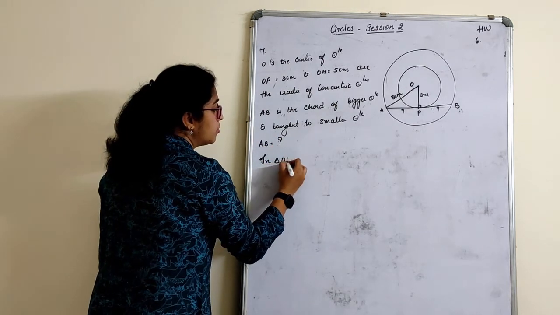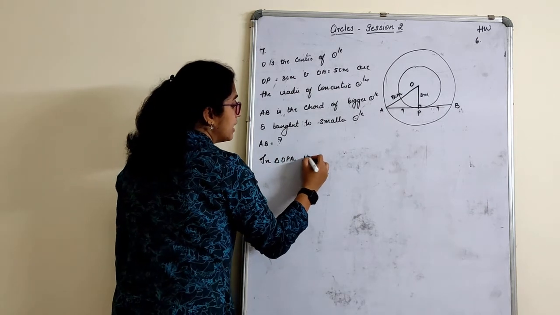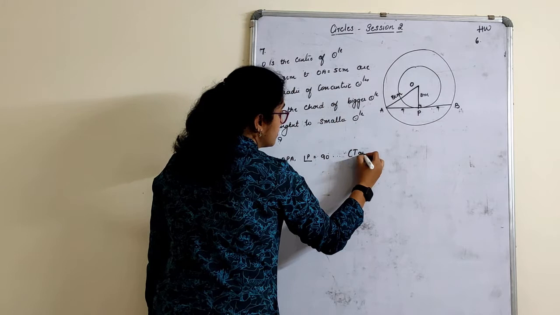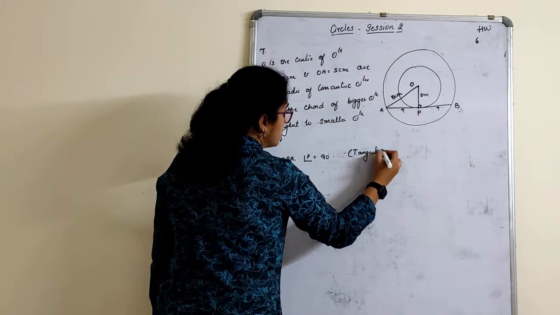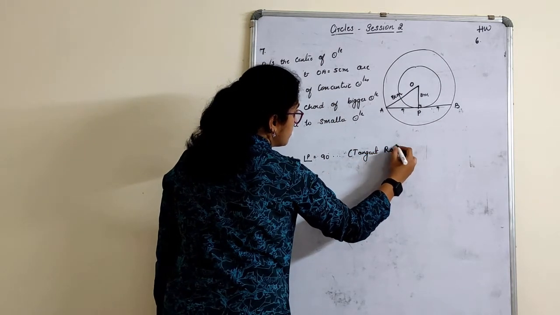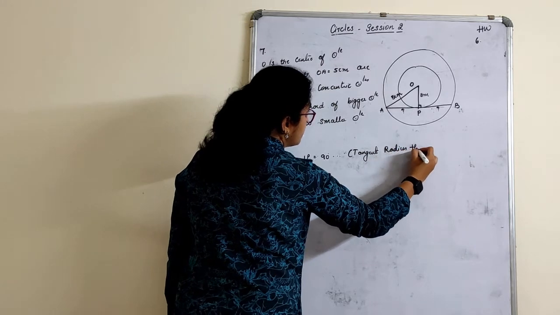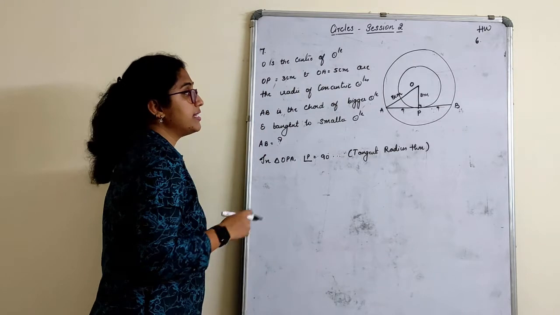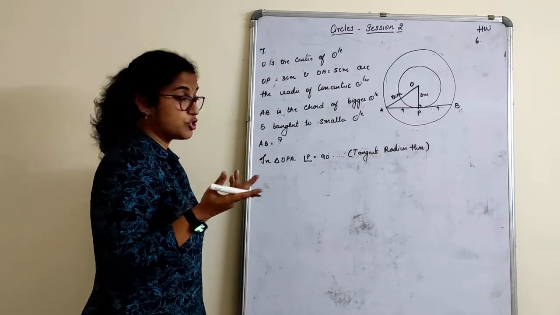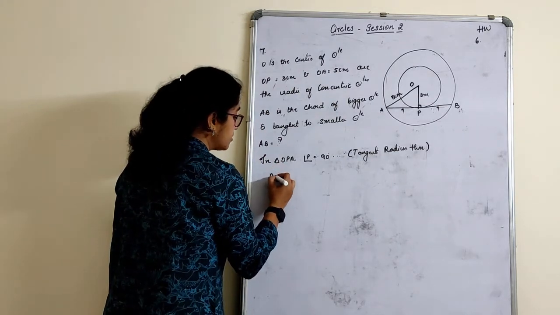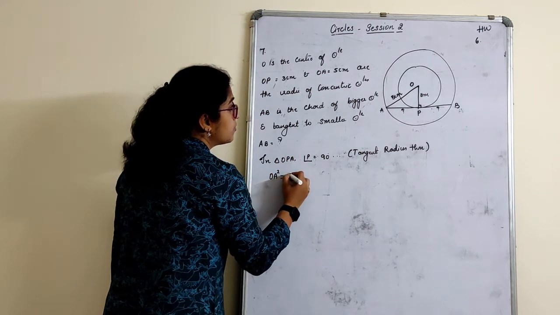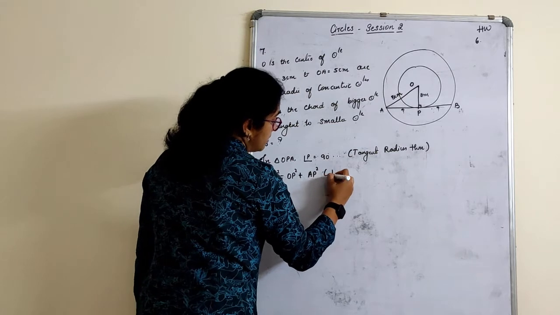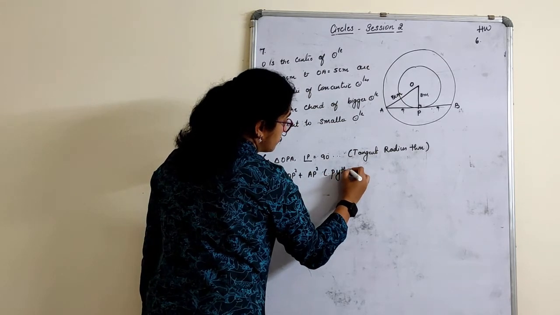In triangle OPA, angle P is equal to 90 degree. Reason: tangent radius theorem. We can also say that, otherwise OP is perpendicular to the chord, also we can use. So OA square is equal to OP square plus AP square, Pythagoras theorem.